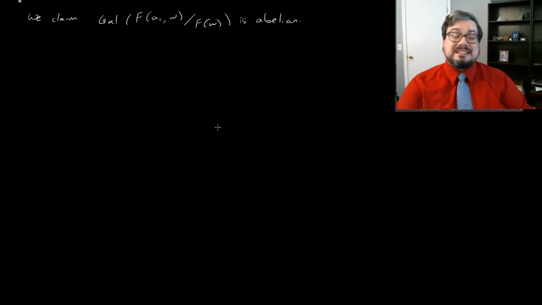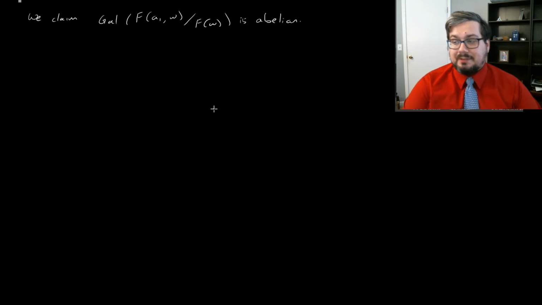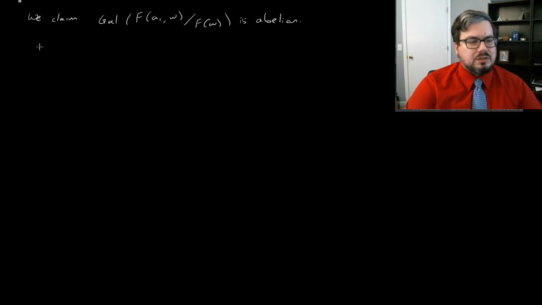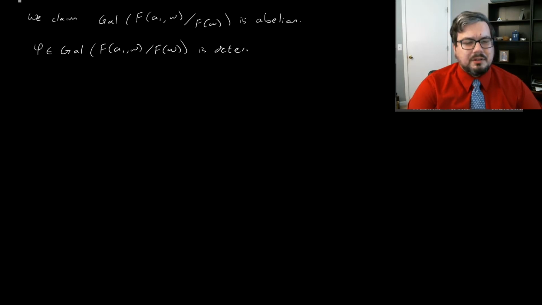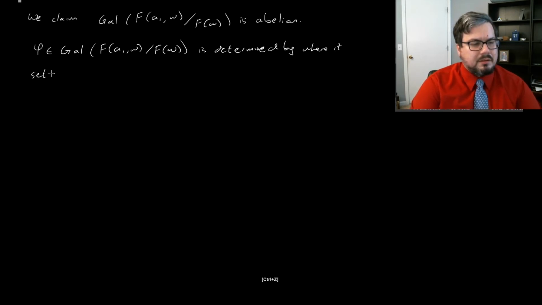This is going to go similarly to the previous one. So we have that phi in this Galois group, F(a1, omega) over F(omega), is determined by where it sends a1.